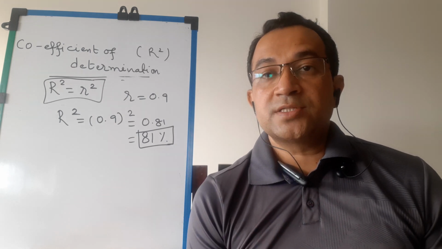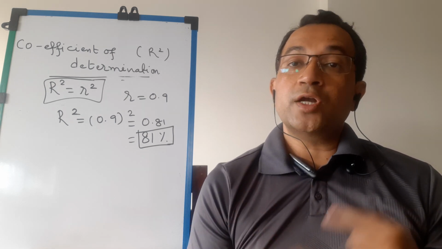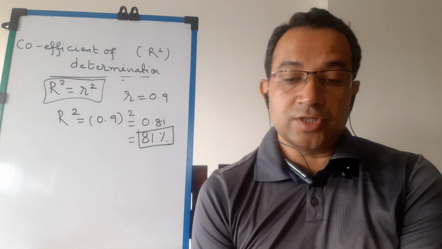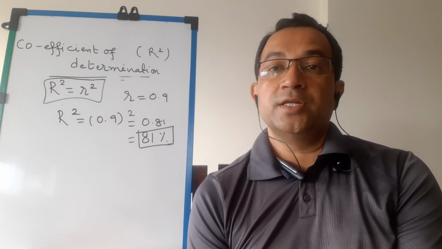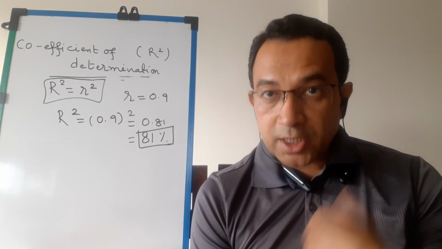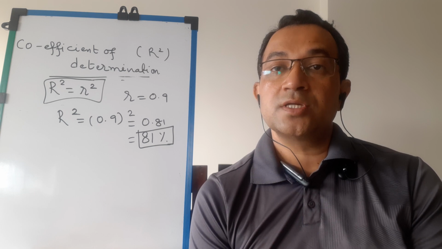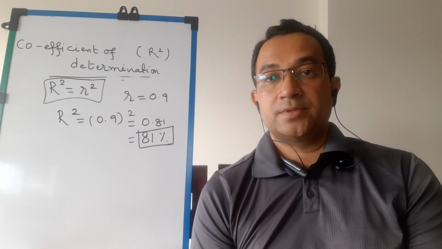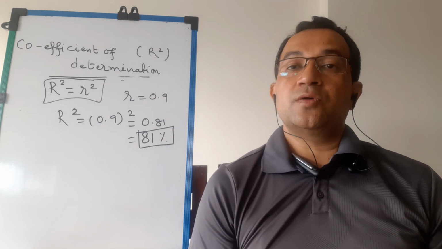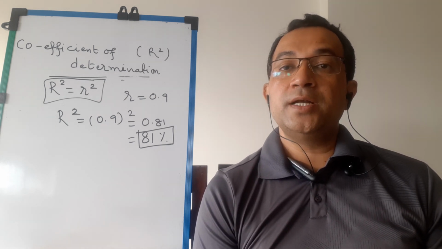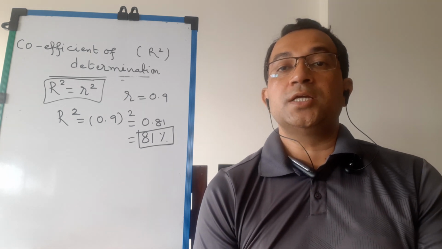Suppose r is 0.7, then r square will be 0.49. So we can say 49% of variation can be explained from regression line, and the not explained variation is 100 minus 49, which is 51%. So based on this value, we can say this much percent of variation in the dependent variable y can be explained by the regression line.